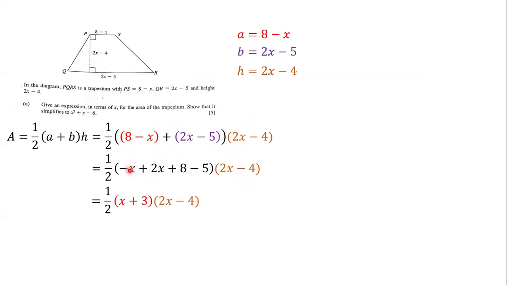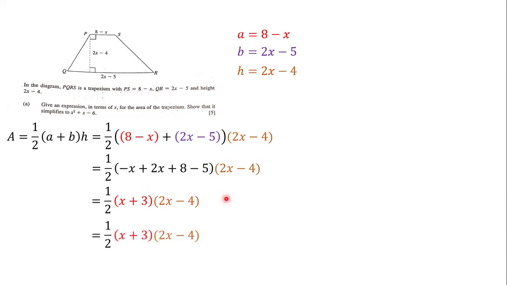Negative X plus 2X is simply X, and 8 minus 5 is 3. So we have X plus 3, and we put 2X minus 4 here as H.